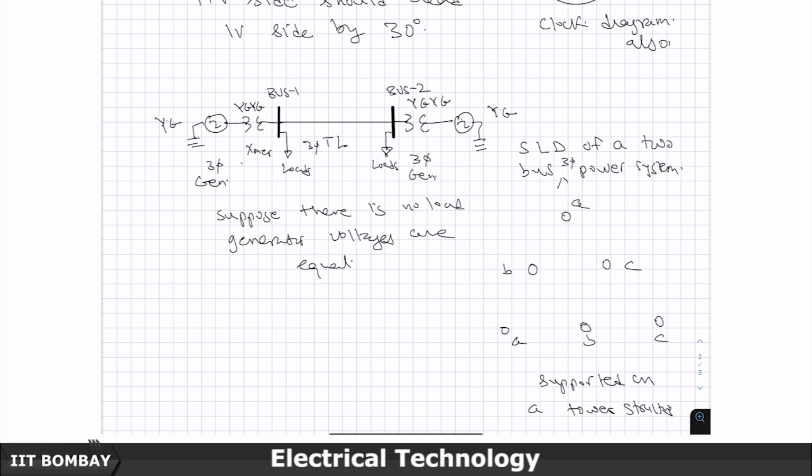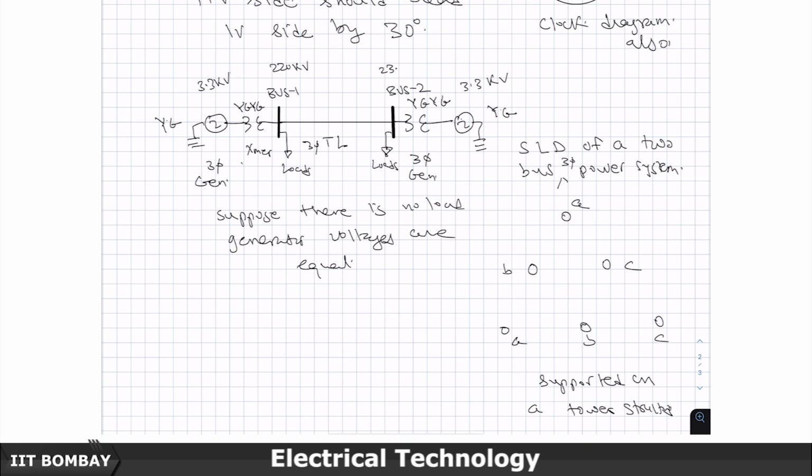For example, if it is a 3.3 kV 3 phase, means Y connected, line voltage is 3.3 kV, both of them are generating 3.3 kV, and let us say that this is being stepped up to 220 kV, again line to line 3 phase.